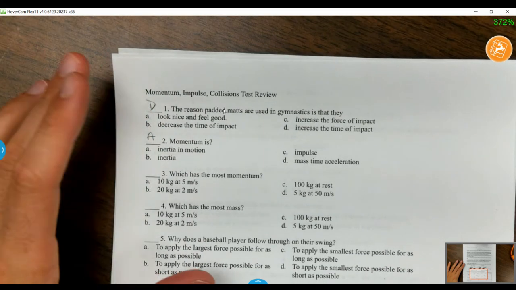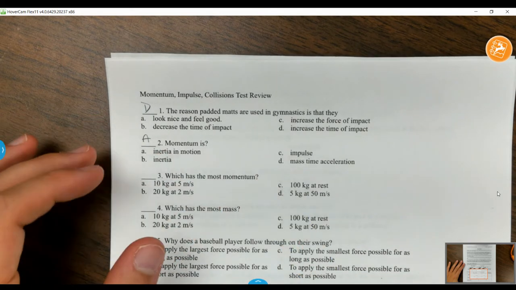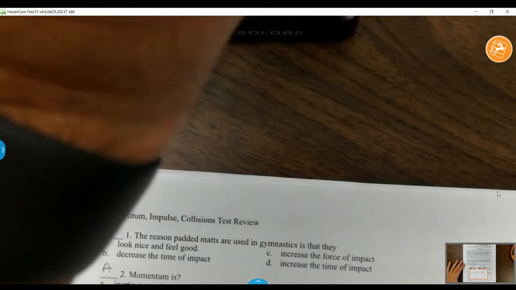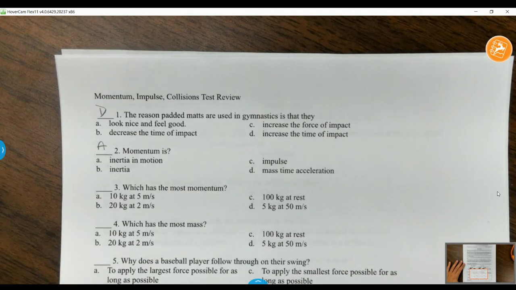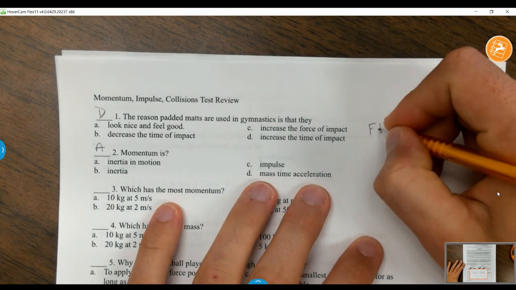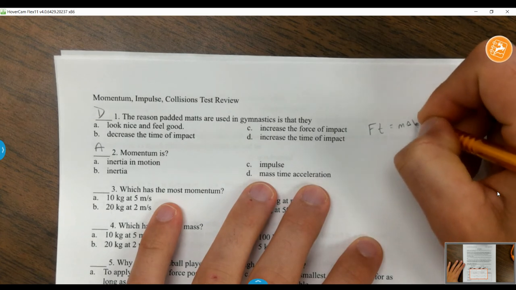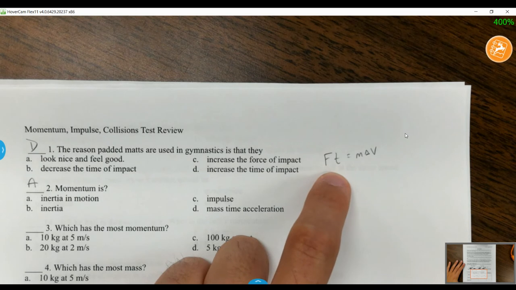All right, so again here, the reason why padded mats are used in gymnastics, for problems like this that are talking about force and time of impact, we want less force, which means we need the most amount of time. So the change in momentum is going to equal an impulse.